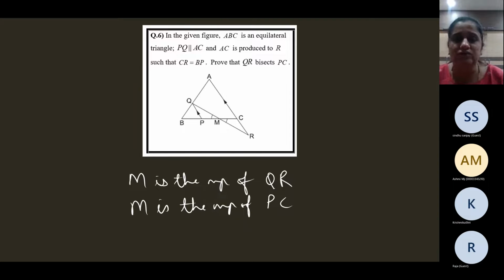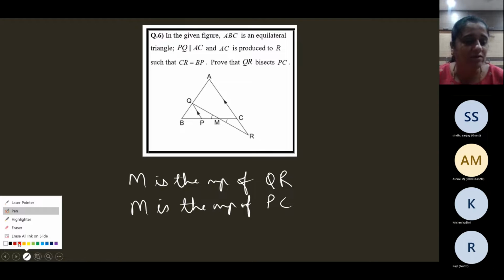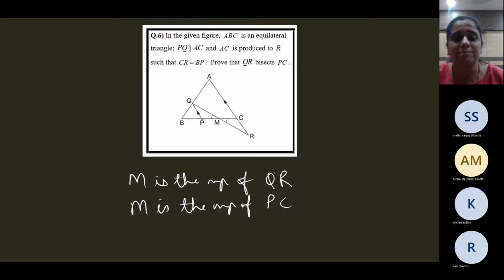QR is not necessarily cut into two equal halves, but what we have to prove is that PC is bisected. In other words, M is the midpoint of PC, which means you'll have to prove that PM is equal to MC.